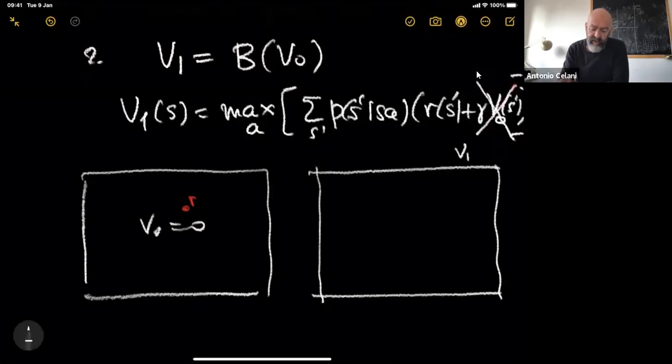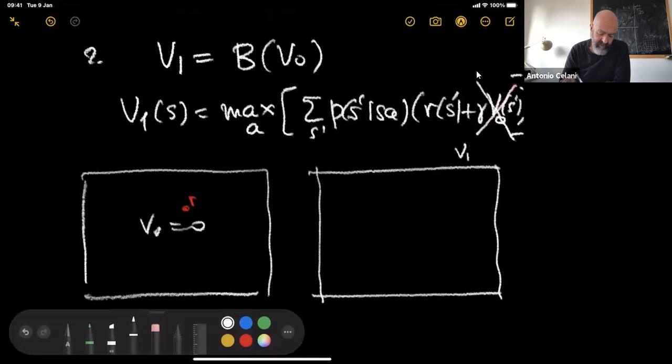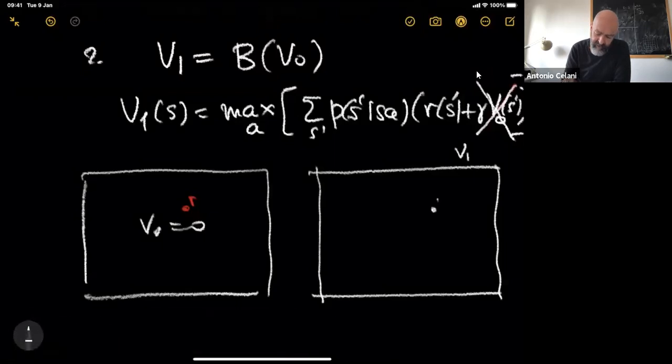Well, it may contribute to all points S. This is the point where R is. We can have a contribution to all the closed points from which the target point is accessible. Because remember, this object here is going to be R times delta of S prime equals S hat.